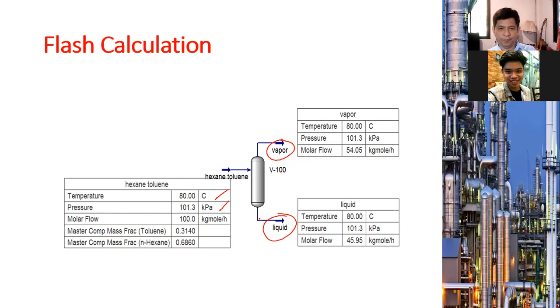Ganun. So as you can see, kamukha dito sa example na to, you have 54 moles out of 100, 54 kilogram moles yung nag-evaporate. Tapos 45 or around 46 kilogram mole yung natirang liquid.